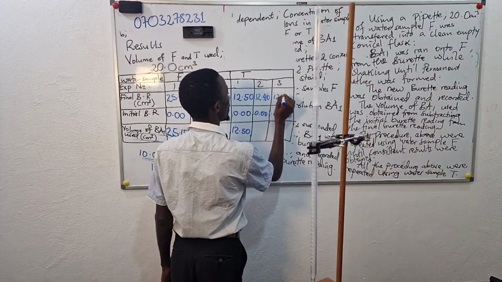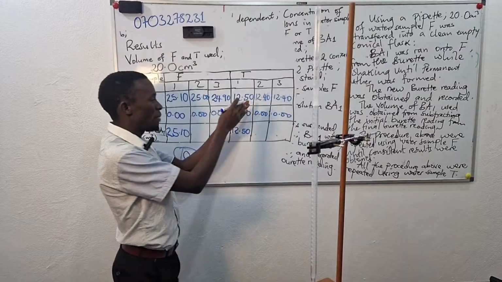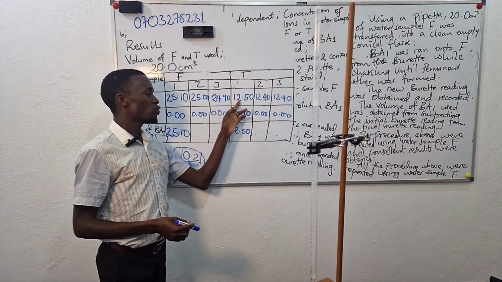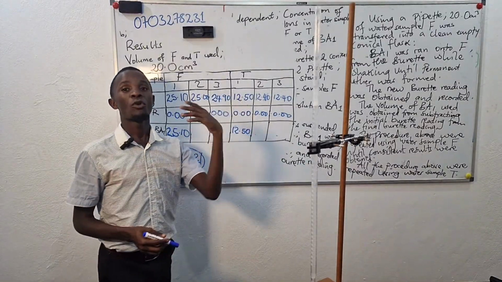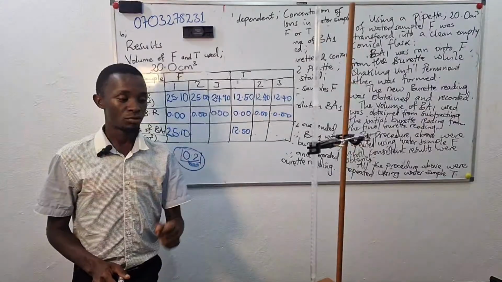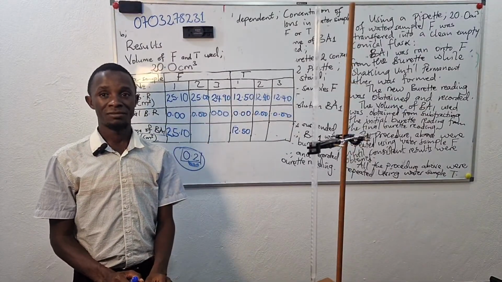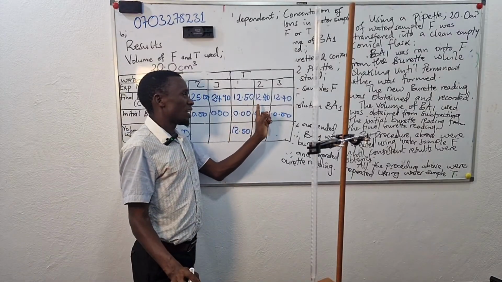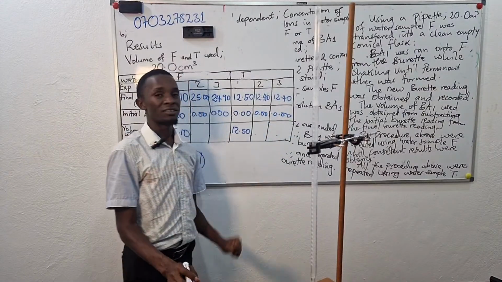Even this one can be 12.40. This is when you are becoming more careful. The first value would have been bigger because you are not sure of when the lather is to be formed, the permanent lather. And the next values are estimated to be a bit smaller than the first one.